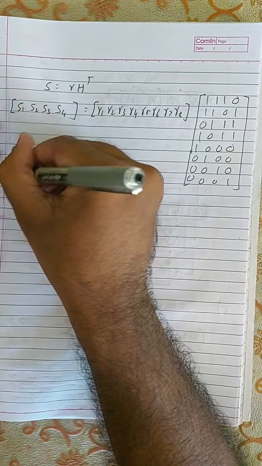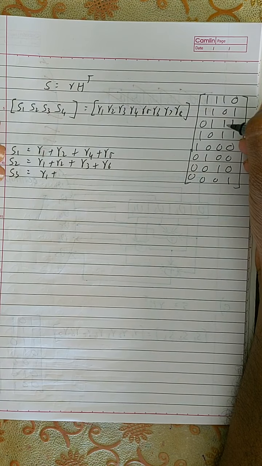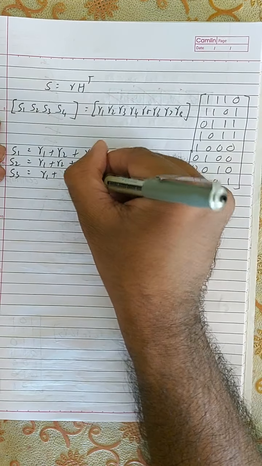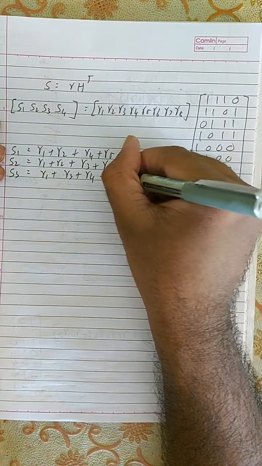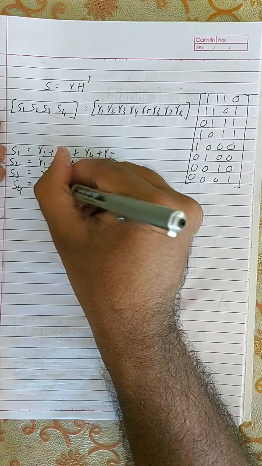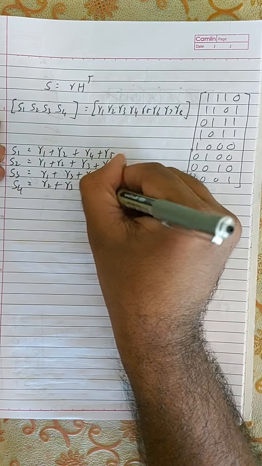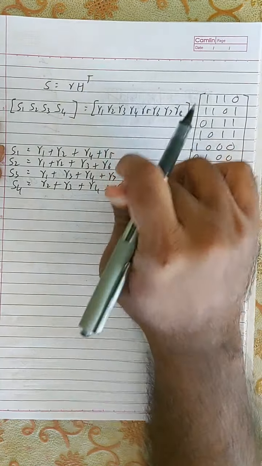What is the equation for S3? S3 is R1 plus R3 plus R4 plus R7. And what is the equation for S4? It is R2 plus R3 plus R4 plus R8. So this is the equation for the syndrome.